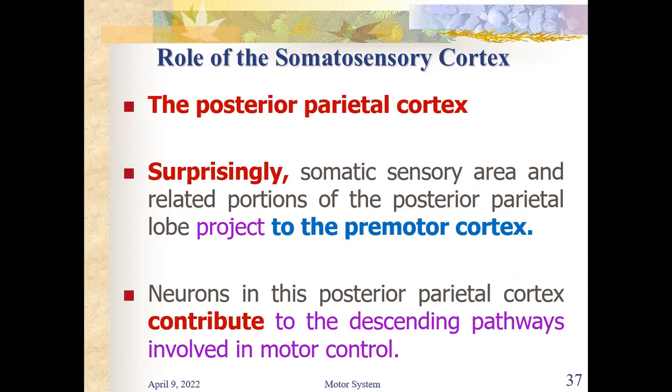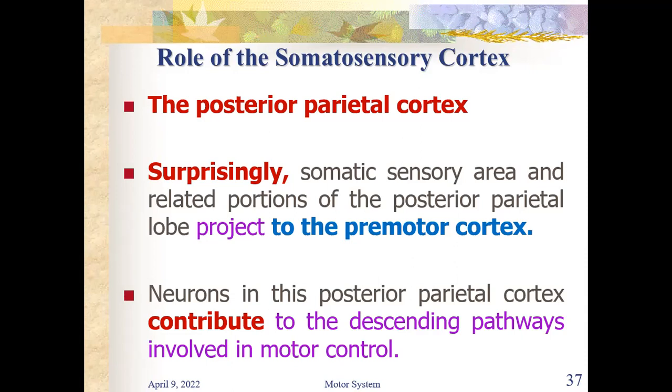So as the movement is being executed, changes in the movement are being detected and sent back to the motor cortex. So you see the premotor and the somatosensory cortex work together. While this one is receiving sensations, it is sharing them with the premotor cortex, which is also involved in carrying out voluntary or motor movements.